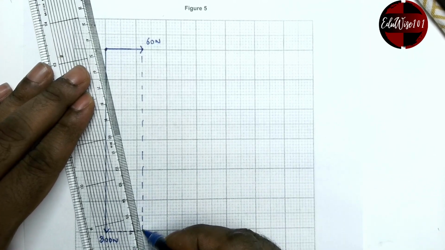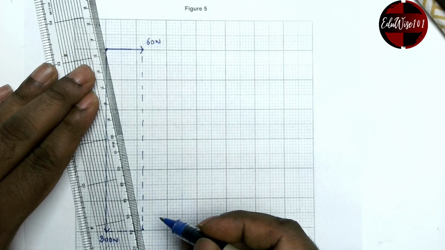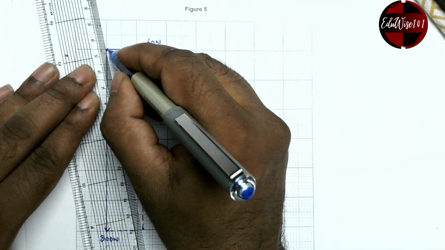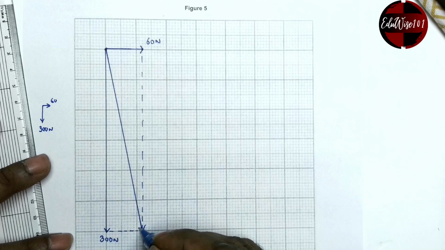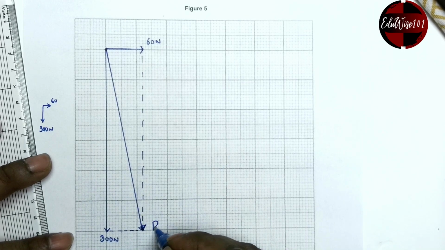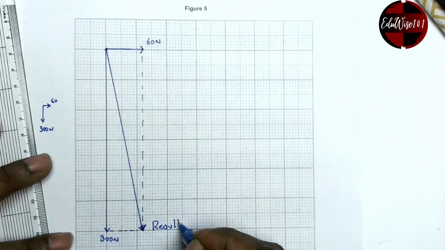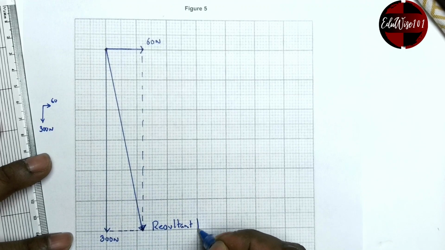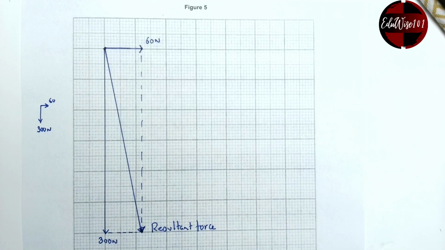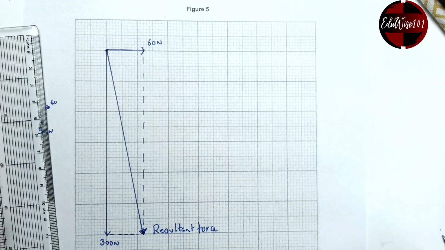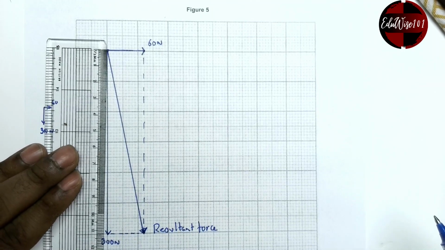And this point to there is my resultant force. Now you can measure using the ruler.